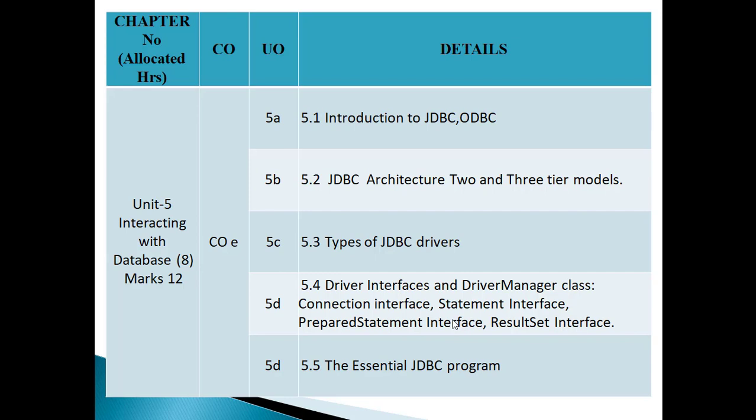Java Database Connectivity provides 4 types of drivers: type 1 driver, type 2 driver, type 3 driver, type 4 driver. Depending on which databases we are using, we need to use the related database drivers.